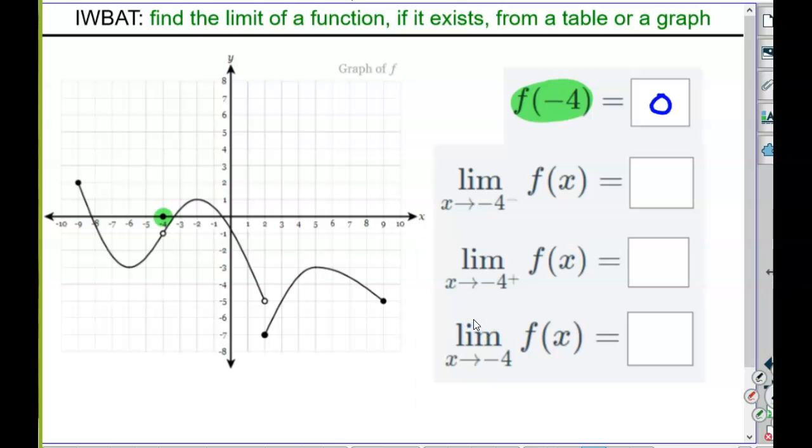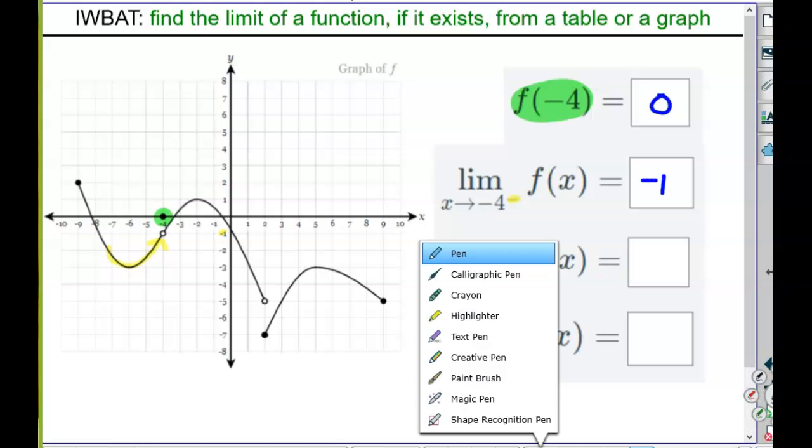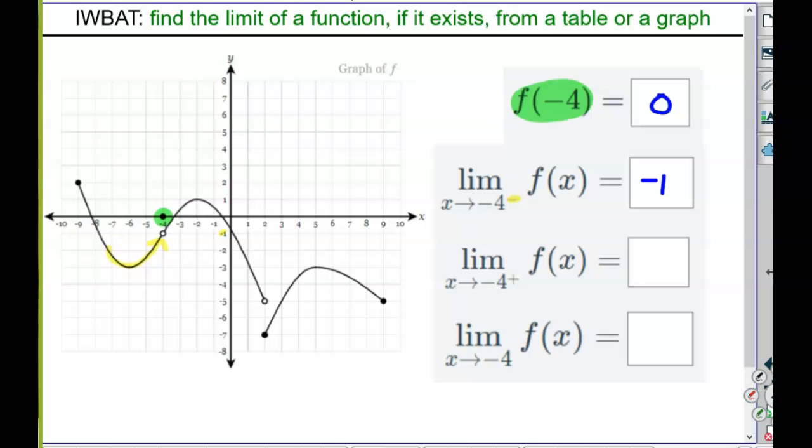Now, let's look at, that might be hard to see, there's a line there. So this is the left-handed limit. As I approach negative 4 on the function f, so I have to be on the graph, coming in from the left side, where is my output headed? Negative 1. Yep. And then what if I approach negative 4 from the right-hand side?